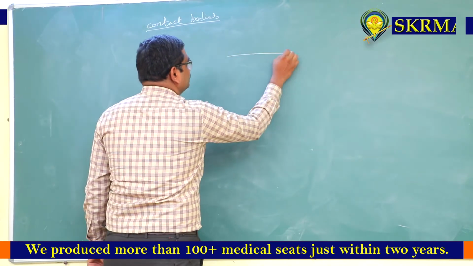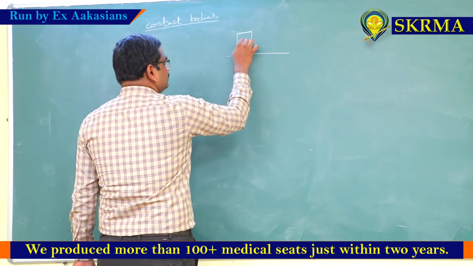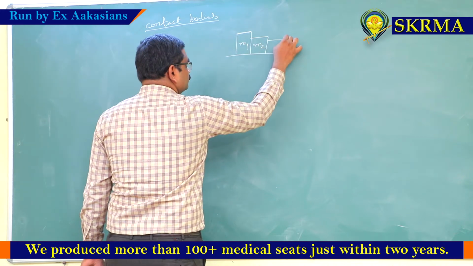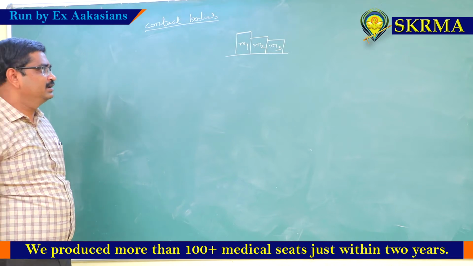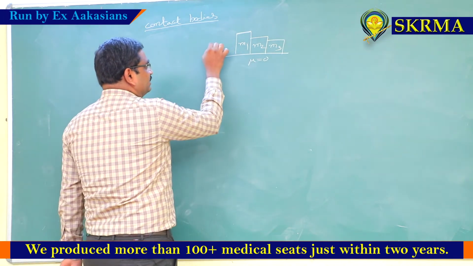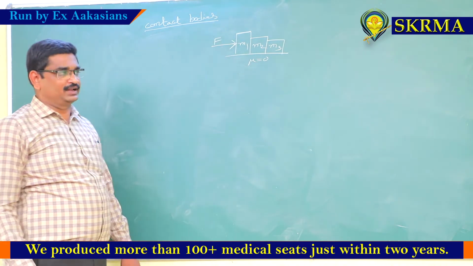Assume that three blocks of masses m1, m2 and m3 are placed on a frictionless horizontal surface, and a force capital F is applied on mass m1.